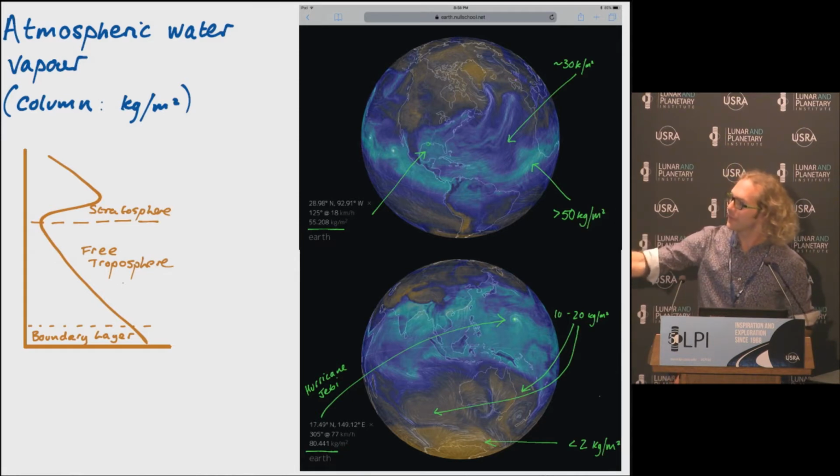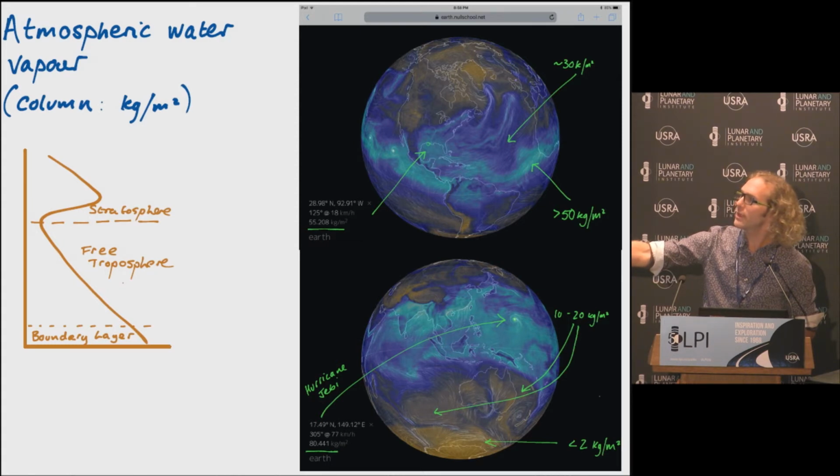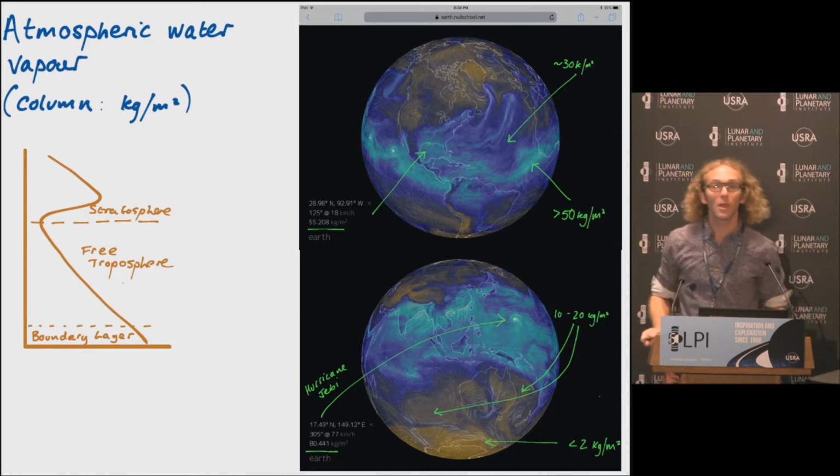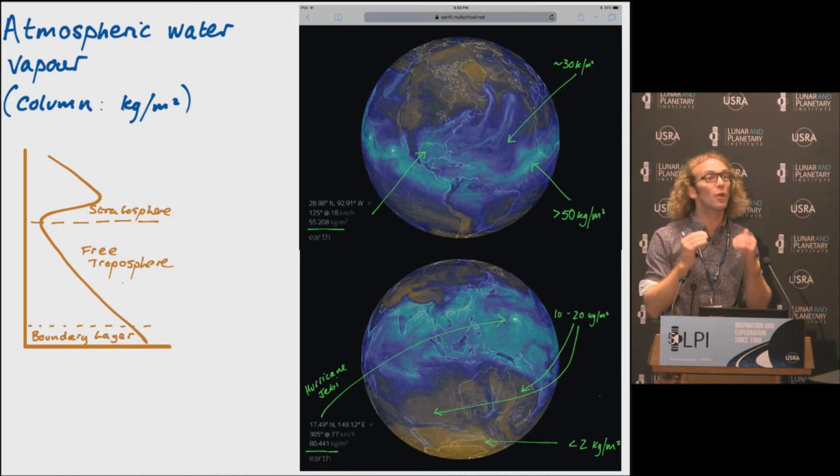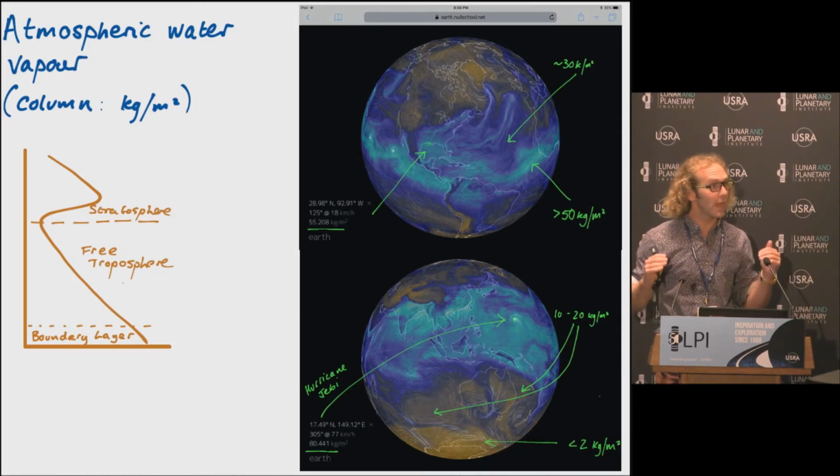If we go down to the Antarctic here in the winter, we're less than 2. The mid-latitudes here are between 10 and 20. So if you look at this small distance here of a couple of 100 kilometres, we're varying by more than an order of magnitude in how much of an atmospheric constituent we have. That is incredibly weird.